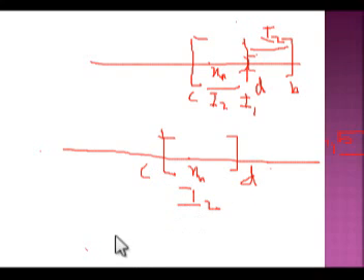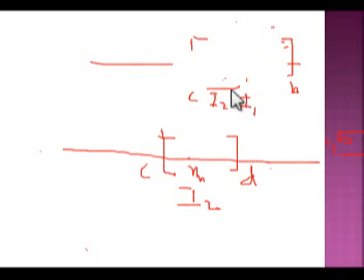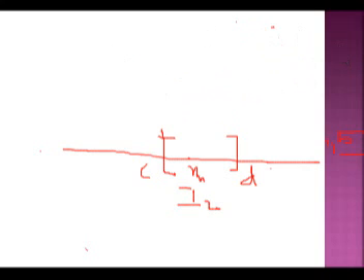And at last we'll get a very small closed interval where xn belongs. That means if we continue the division procedure, at one time we'll get such a figure that xn is in a very small closed interval.